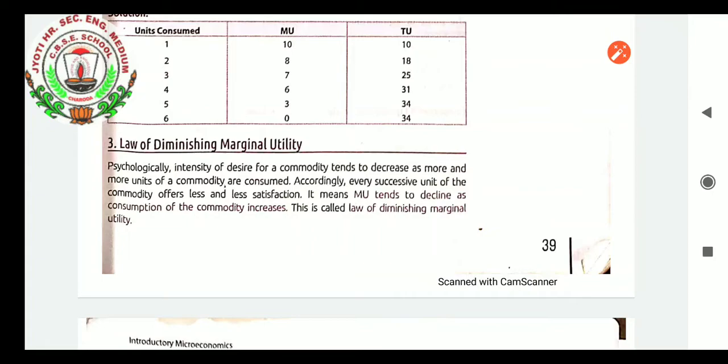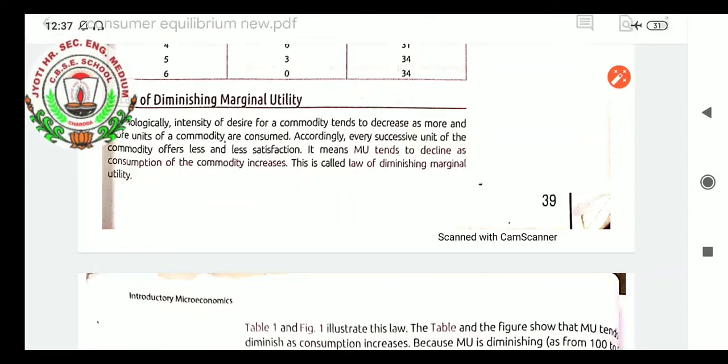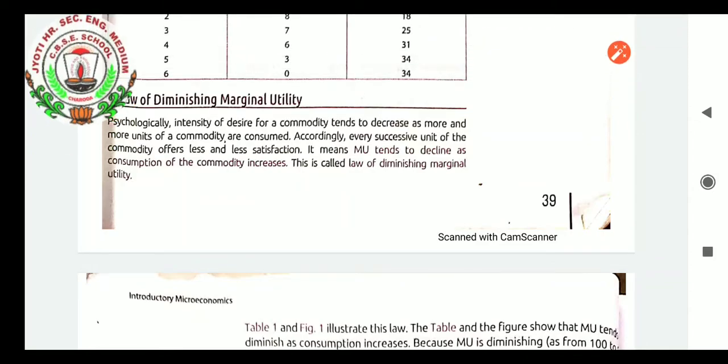Psychologically, the intensity of desire for a commodity tends to decrease as more and more units of the commodity are consumed. Accordingly, every successive unit of the commodity offers less and less satisfaction. It means MU tends to decline as consumption of the commodity increases. This is called the law of diminishing marginal utility. So I think the law is clear to everyone. Psychologically, it is human nature.